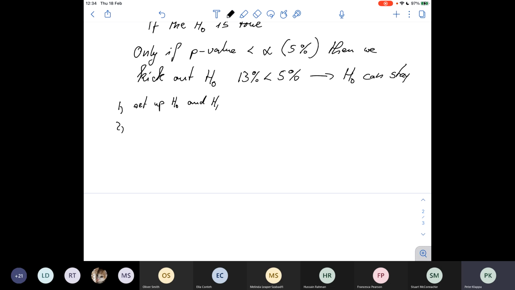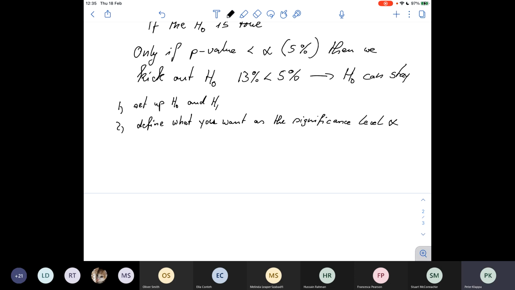Second step, define what you want as an alpha, what you want as the significance level. 5% is sort of the standard, but it doesn't have to be 5%.